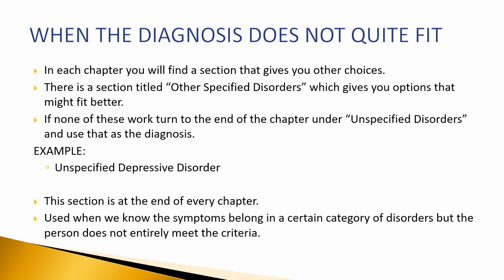For example, we know the person appears to be depressed and meets some of the criteria but not all of it. So we would have unspecified depressive disorder. This section is at the end of every chapter, and it's used when we know the symptoms belong in a certain category of disorders, but the person does not entirely meet all of the criteria.